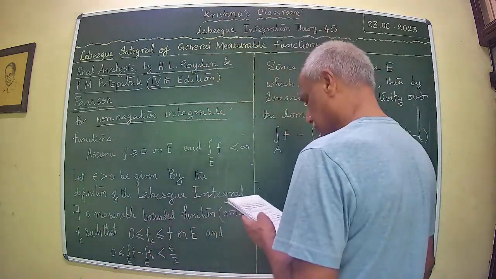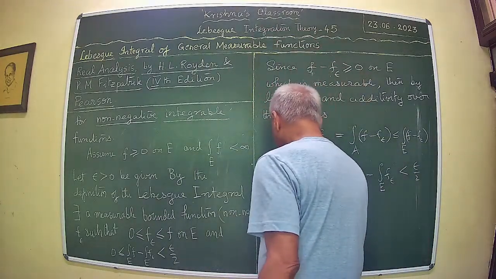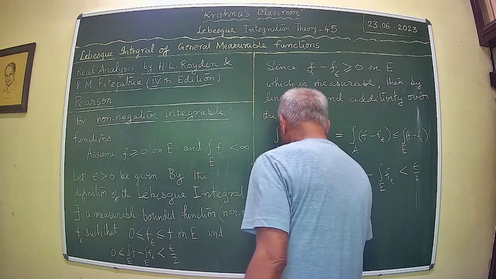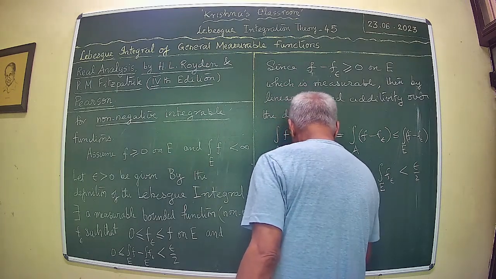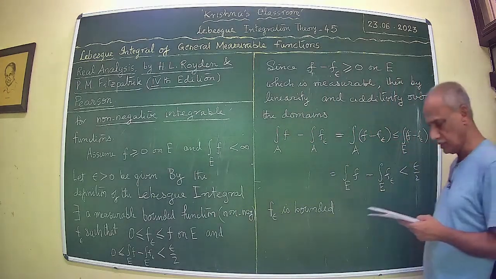Okay. Now you see f epsilon is bounded. It's a bounded measurable function, non-negative function.